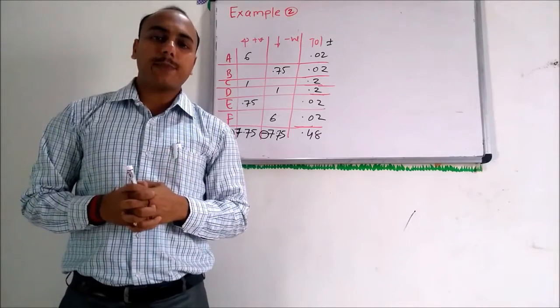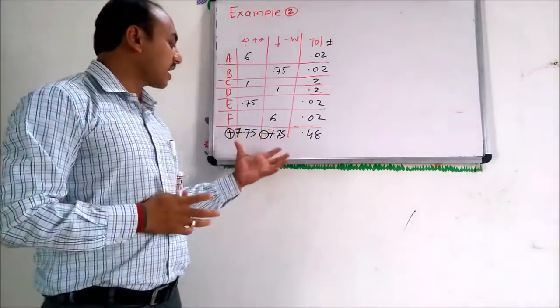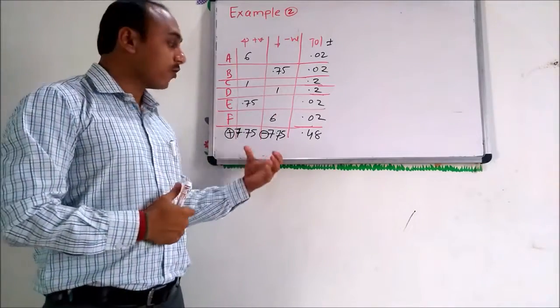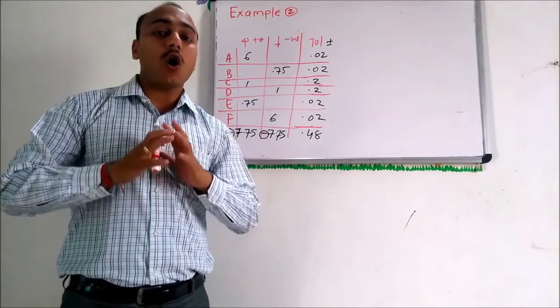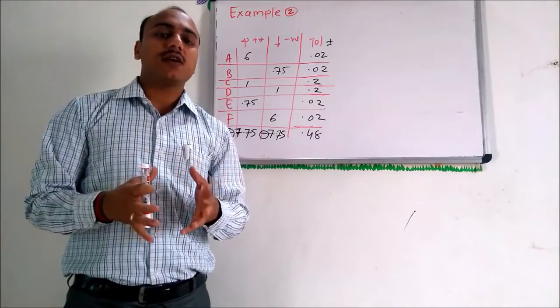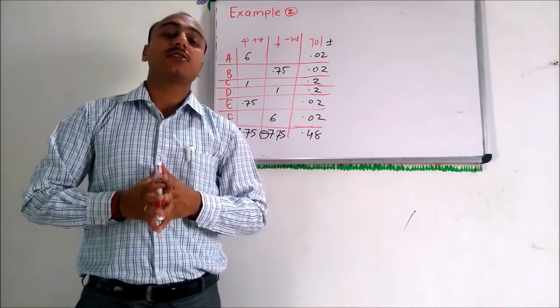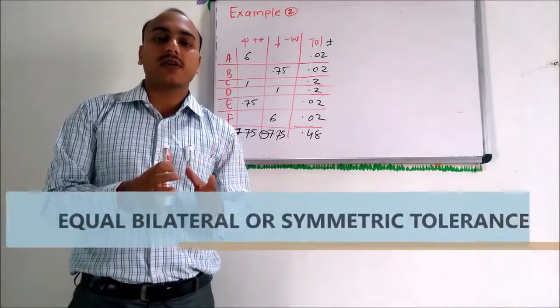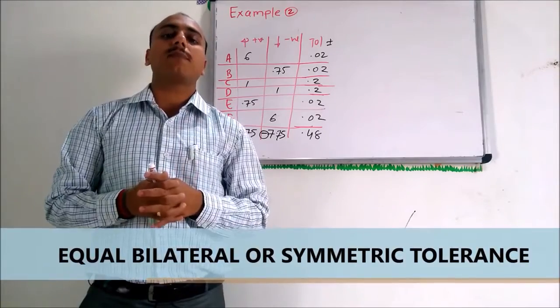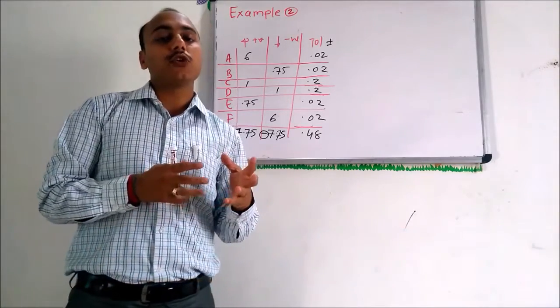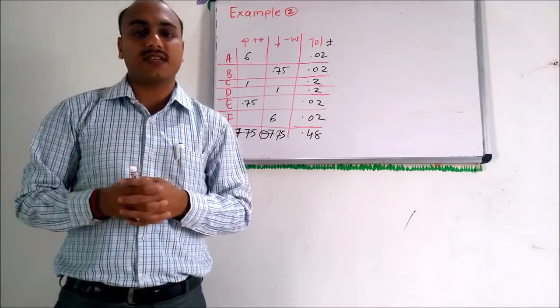Now we have prepared the stack up table. But before preparing the stack up table, we need to convert all the unilateral or other systems of tolerances to equal bilateral tolerance. Even if any kind of geometric tolerance is applied, we need to convert it to its equivalent tolerancing system.